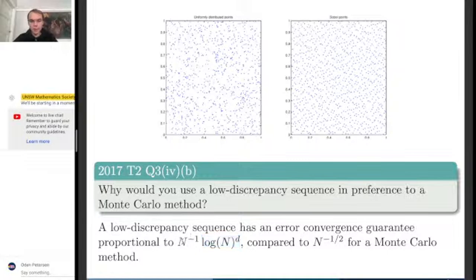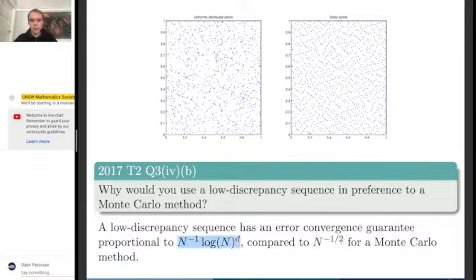So if this was n to the -1 times n to the 1/2, this would be just as slow to converge. But because we have this smaller term, (log n)^d, the upshot is that this quasi Monte Carlo estimate of the quadrature problem has a faster convergence guarantee in terms of absolute error than the Monte Carlo method has in terms of root mean square error.